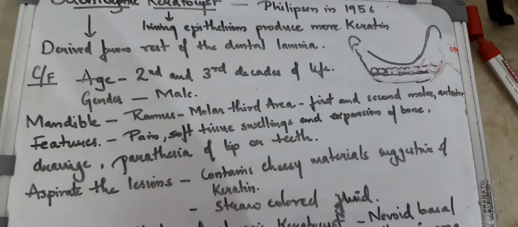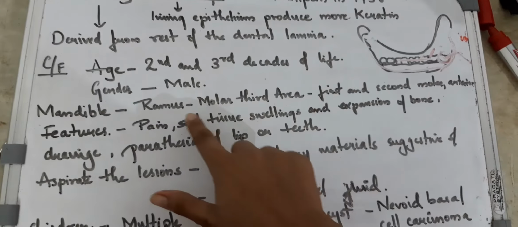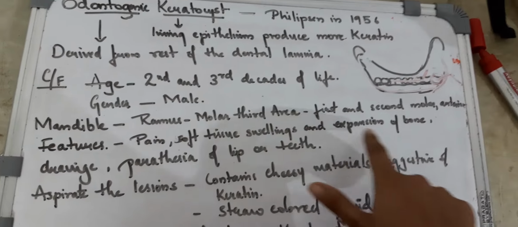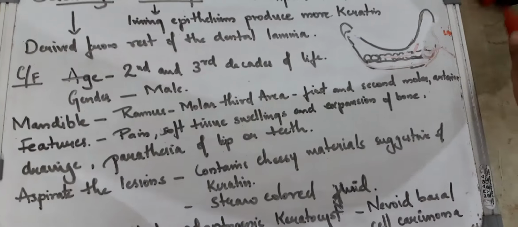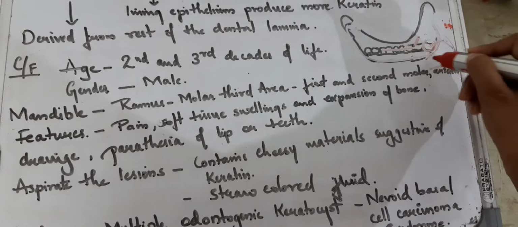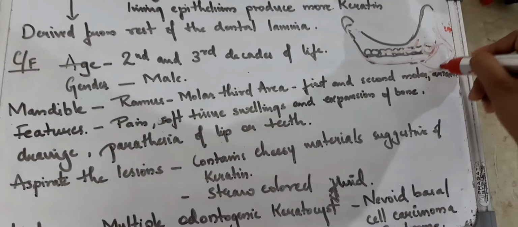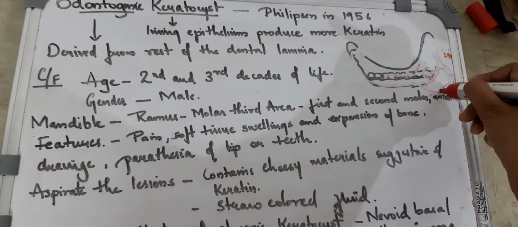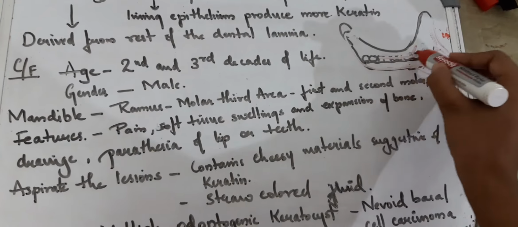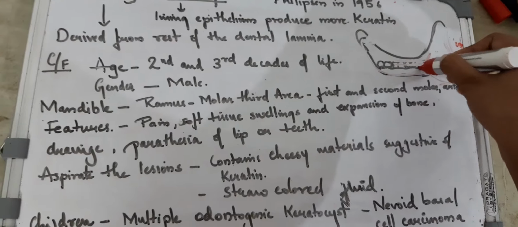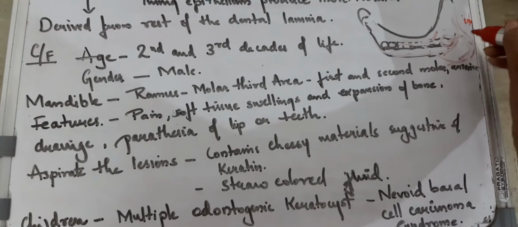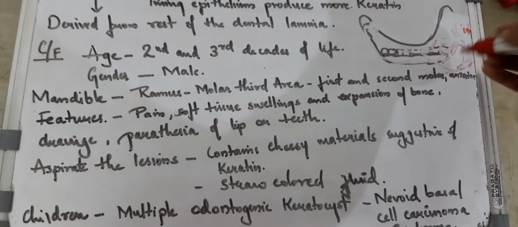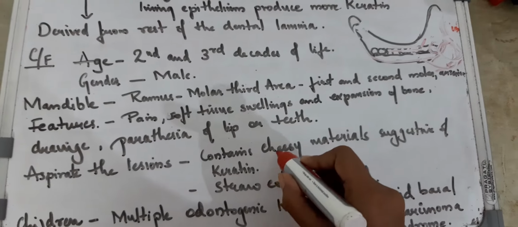Then the features involve pain, soft tissue swelling, and expansion of bone. Expansion of bone can also occur in the case of odontogenic keratocyst. Drainage and lip and teeth paresthesia also occur. When we aspirate this lesion, if a cyst is present, it contains cheesy material.